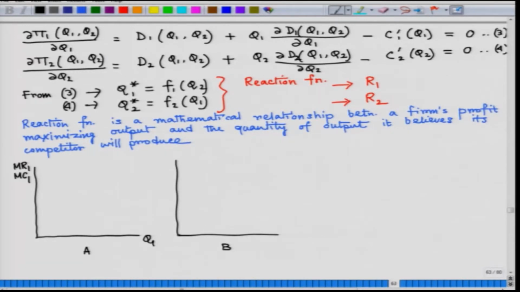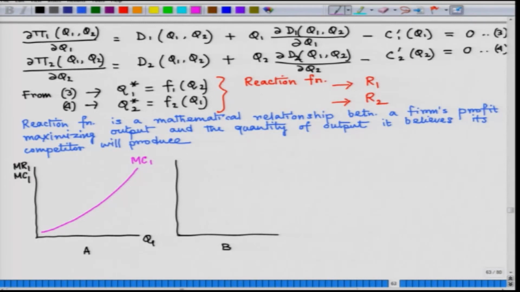So, let us first plot the marginal cost curve. Now, we want to make a general diagram. So, here I assume a nonlinear marginal cost curve 1 for farm 1.